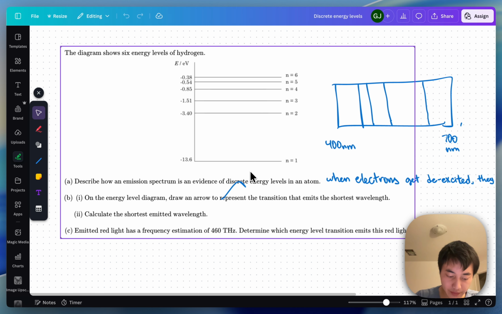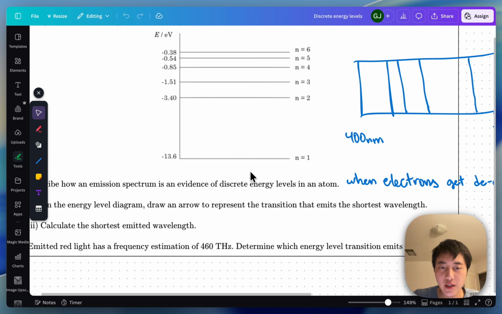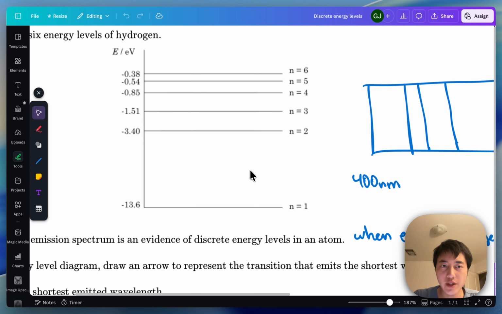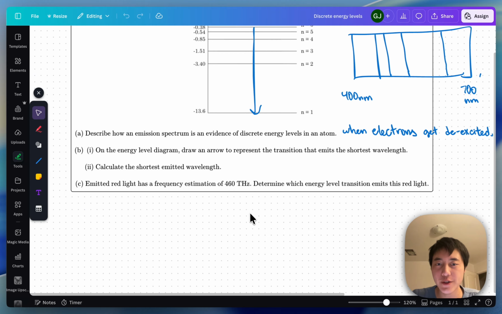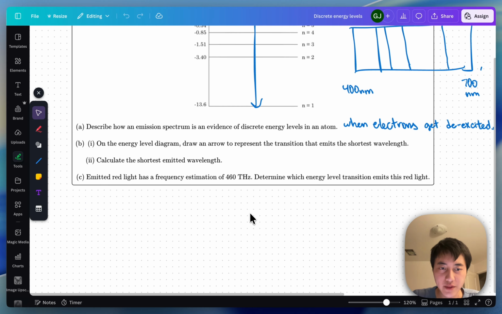The largest transition, which is the shortest wavelength, is just this. An arrow that represents emission, which is going down, or de-excitation. So this should be good.